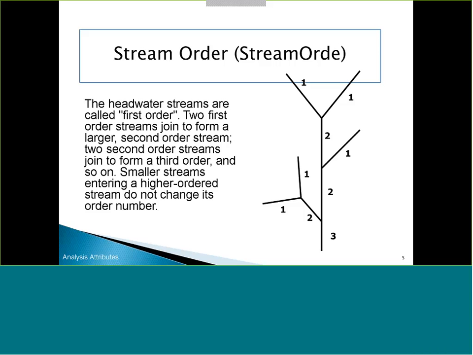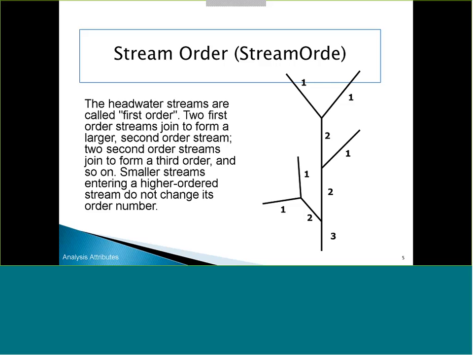When two 1s come together, they form an order 2. When two 2s come together, they form an order 3. When two flow lines of different orders come together, the result is just the maximum of those two. So when the 2 and the 1 come together, the downstream stream order is a 2.